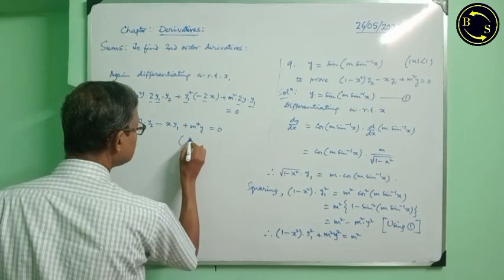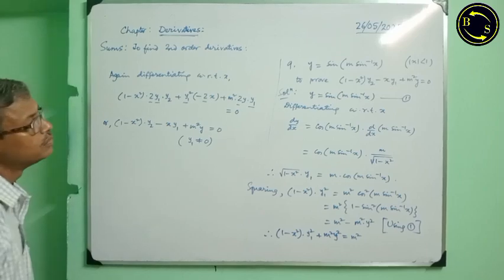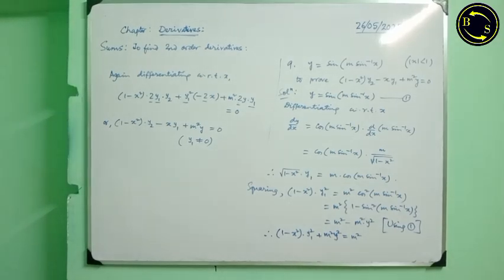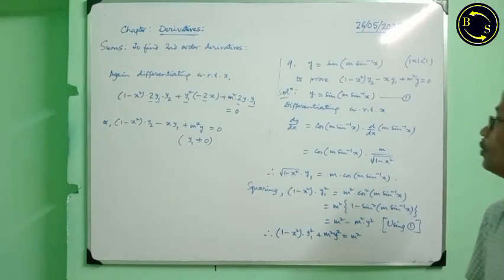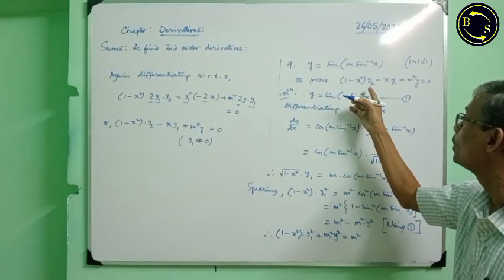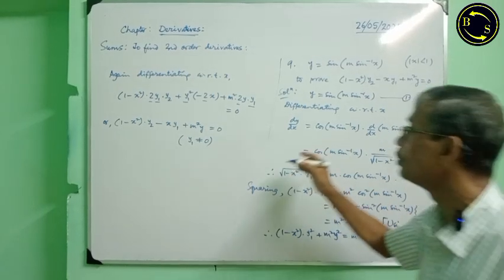Here we have considered y1 non-zero. Therefore, we have got the final relation: (1 minus x square) y2 minus x y1 plus m square y equal to 0.